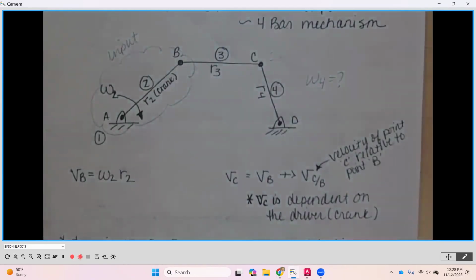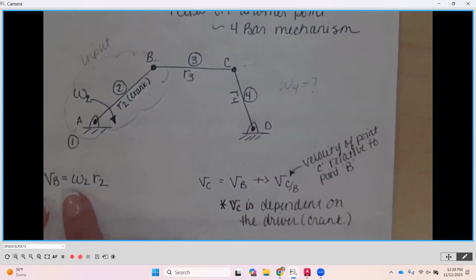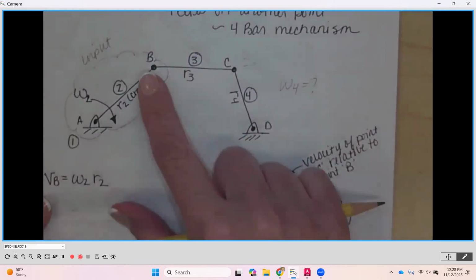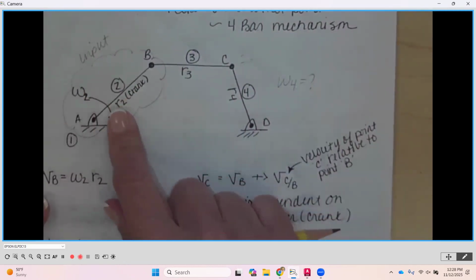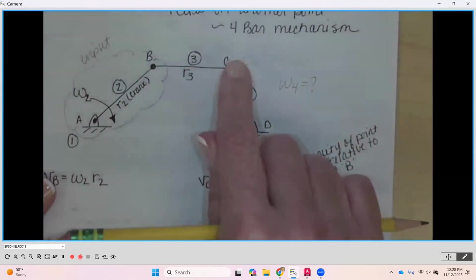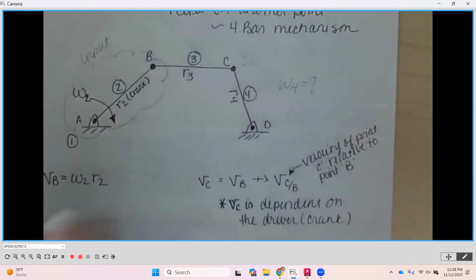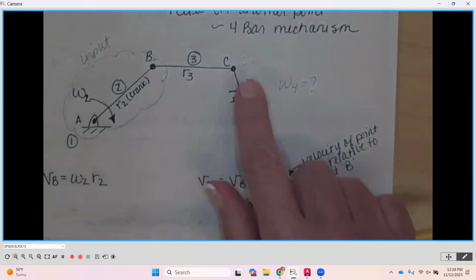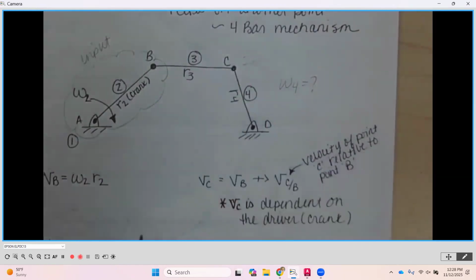Okay. All right. Now, that straight line velocity of a point on link number 1 where we know the stuff over here on the input, we now can figure out, okay, what is the velocity then going to be at link number 3? We don't know what that is. That's considered what we call unknown.